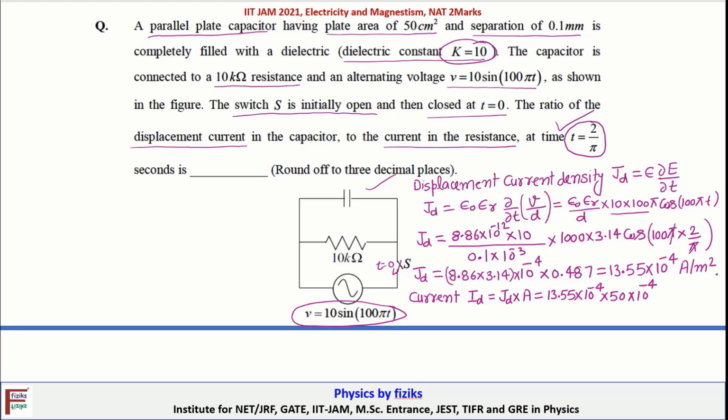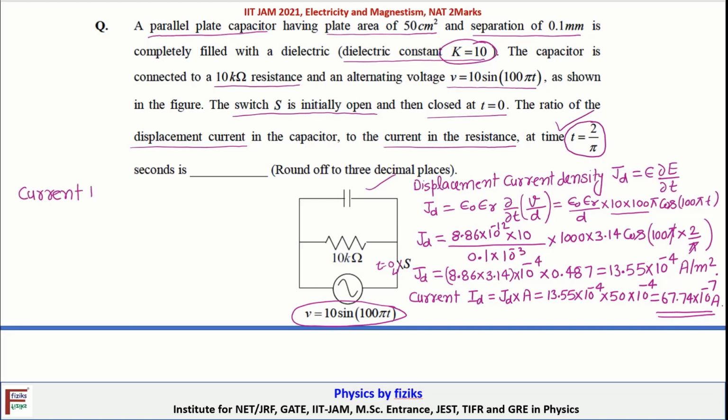If we calculate, this value will be 67.74 times 10 to the power minus 7 amperes. This is the value of ID, the displacement current. Now we have to calculate the current through R.